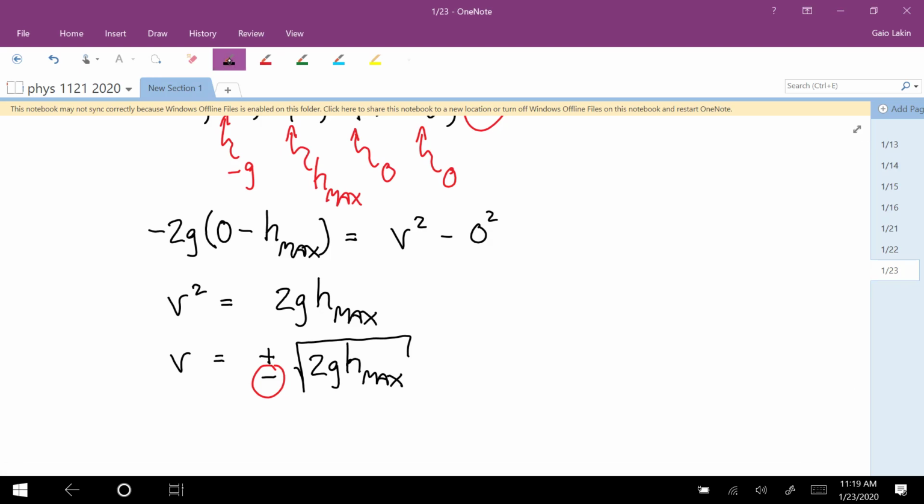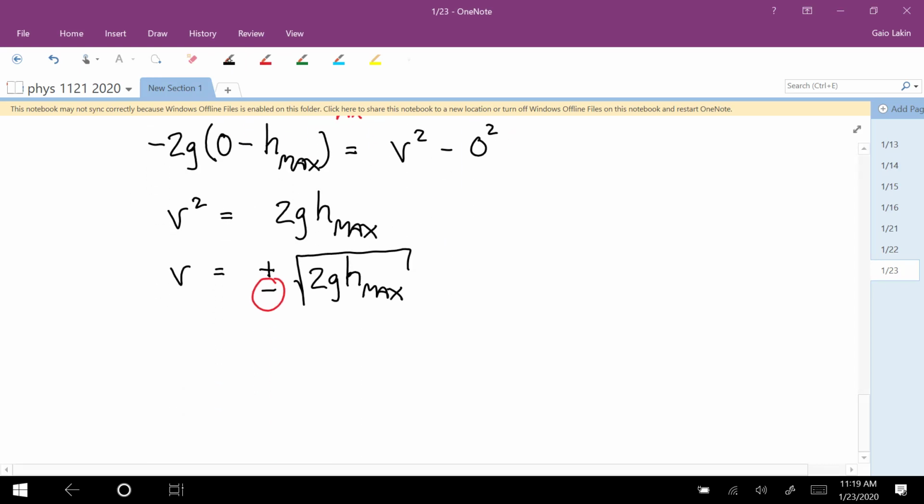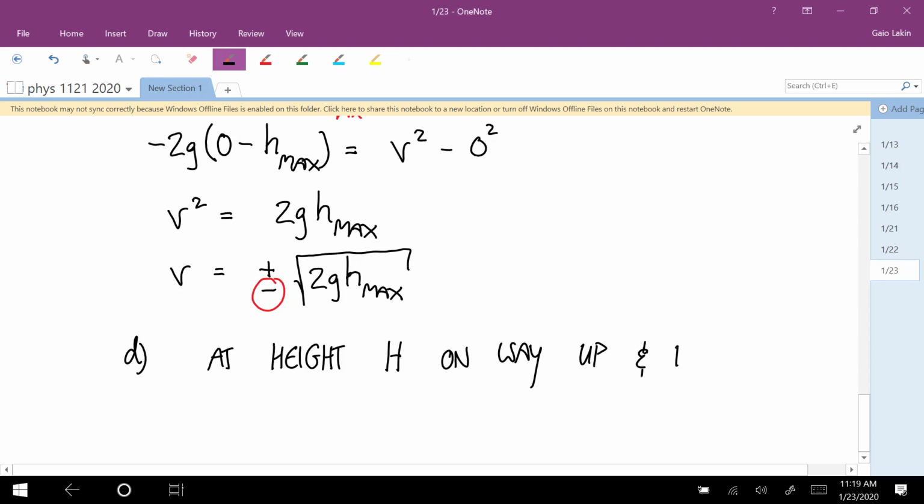And then the last question is to show that, at a height, I'll call it capital H, on the way up and down, the velocities are equal and opposite, show that the speeds are the same.